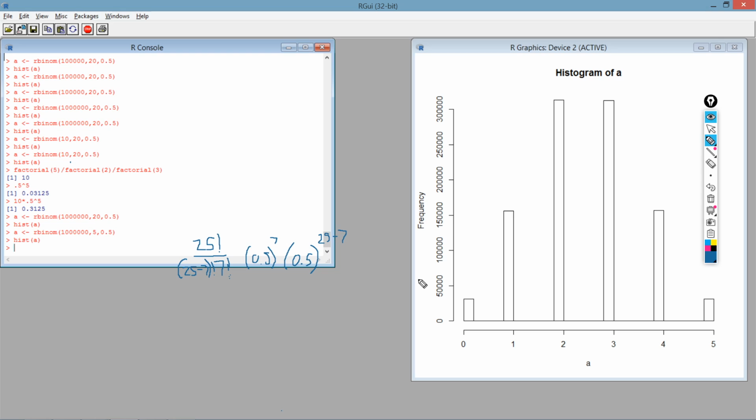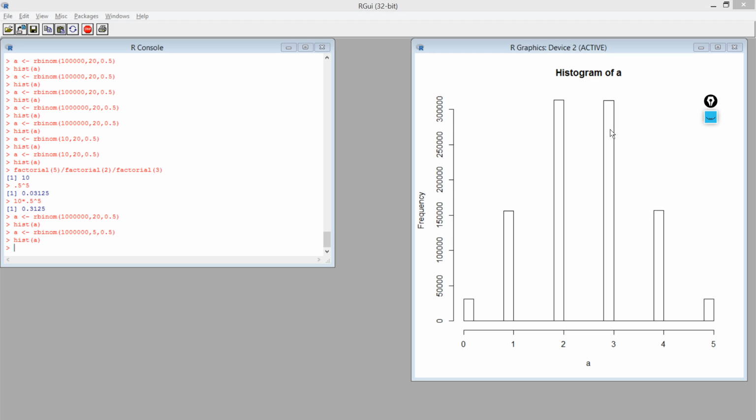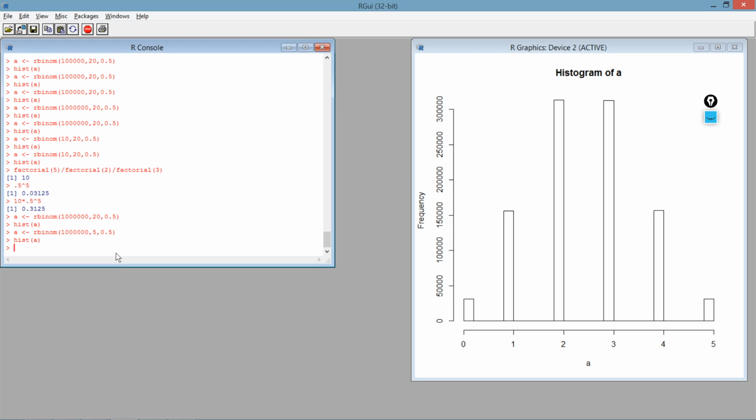And what's really nice is that in my program R, there's a command for combinations. Instead of doing it by hand, I can do factorial 25 divided by factorial 7 divided by factorial 25 minus 7, and I get 480,700 combinations.